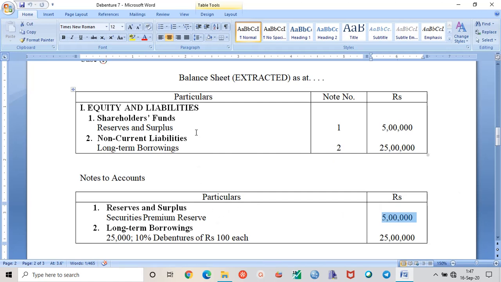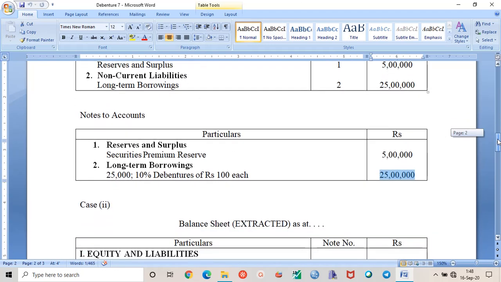And the long term borrowings, which has got note number 2, is your 25,000 10% debentures of rupees 100 each, 25 lakh. And if you show the asset column also, there you will write under the current assets, cash and cash equivalents, it will be 30 lakh.